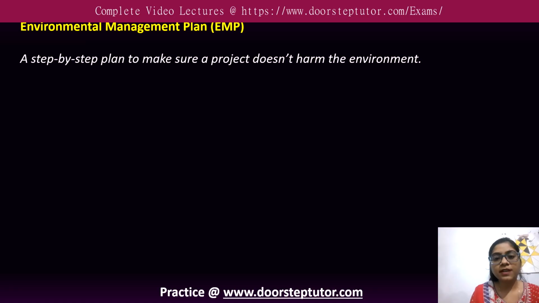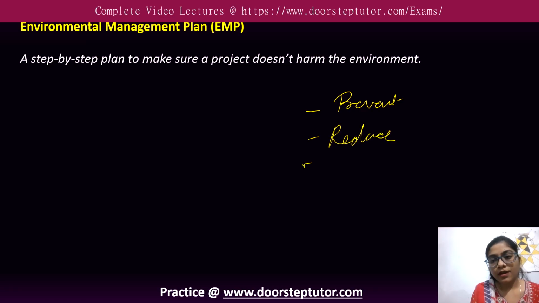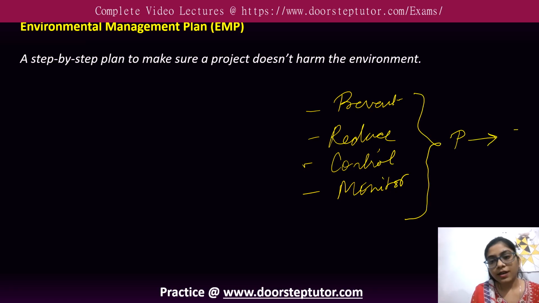Environmental management plan is a detailed action plan made for the project to ensure how to first prevent, reduce, control, and monitor any negative impacts of the project on your environment.